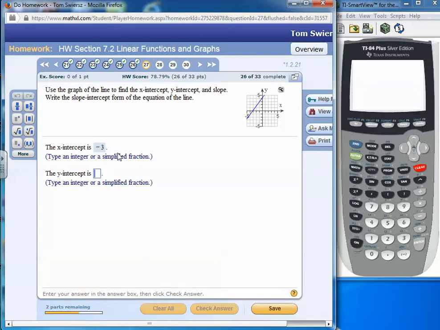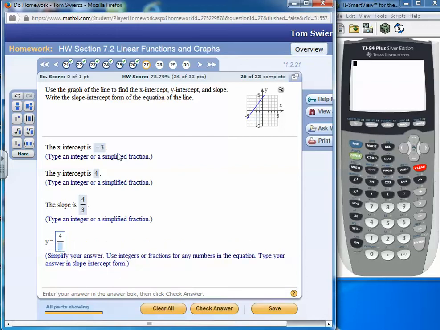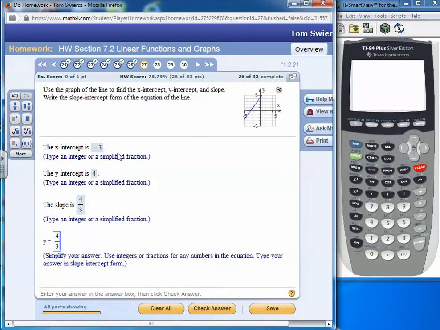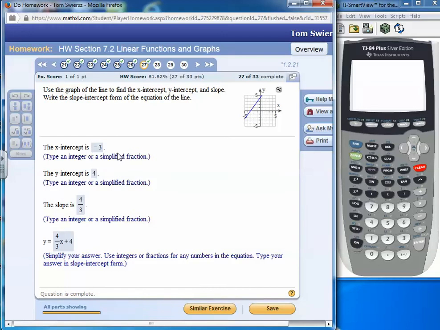The y-intercept was 4. The slope was up 4 over 3, so 4/3. And the equation of the line is 4/3 x plus the y-intercept, which is 4. All right, very good.